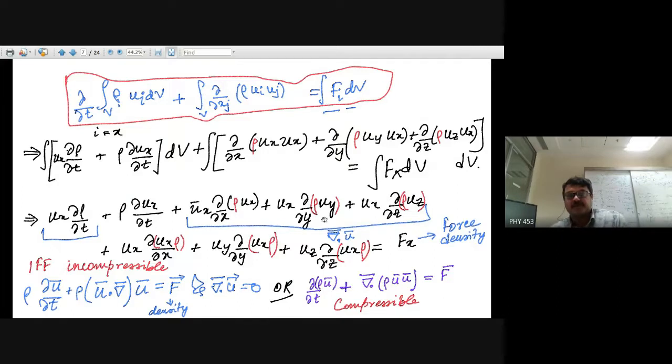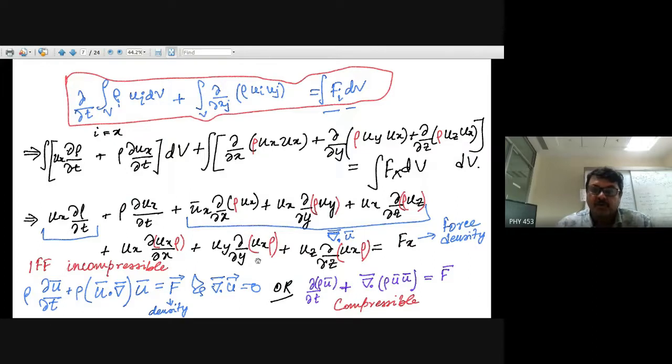So I've kept those two different terms. The equation now has, this gives two terms and this gives six terms, and on the right hand side you have f_x, which is force density, force per unit volume. And if it is incompressible, then you can take the rho out, and then divergence u equal to 0, so these terms will drop out.